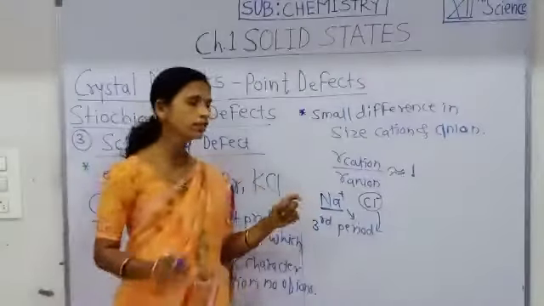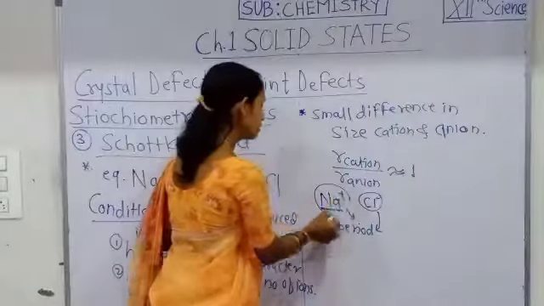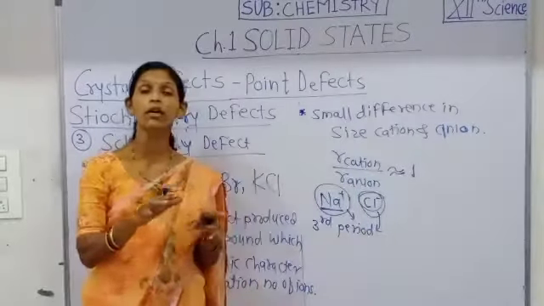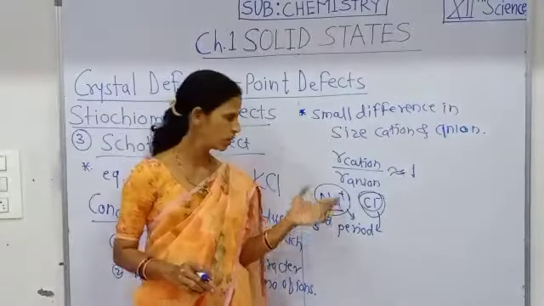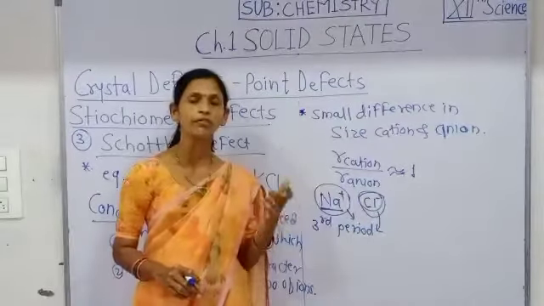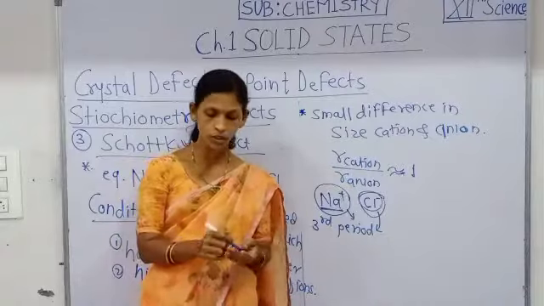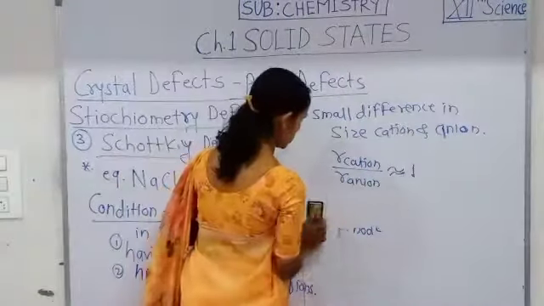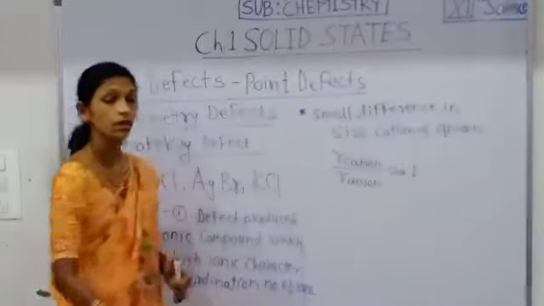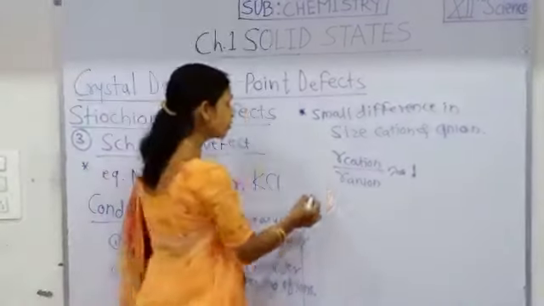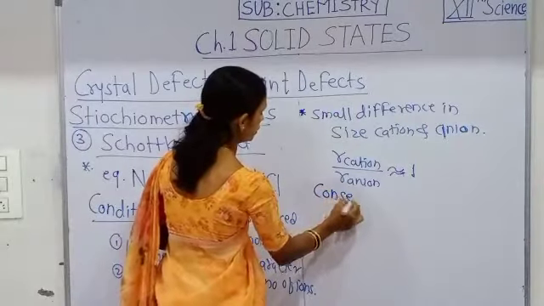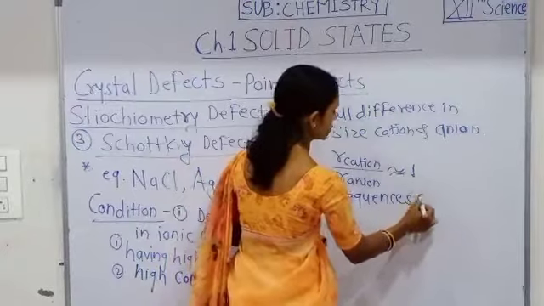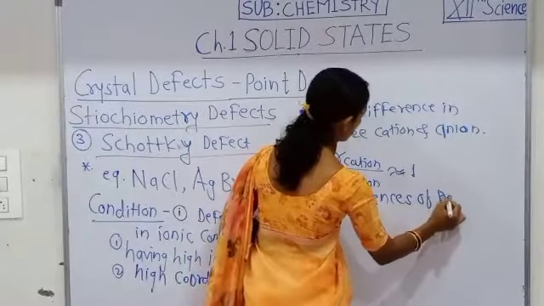Therefore, the sizes of the cation and anion remain nearly the same. Therefore, here the Schottky defect is observed in those types of ionic compounds. Then, see here, there are a few consequences. We will be discussing the consequences of this defect.